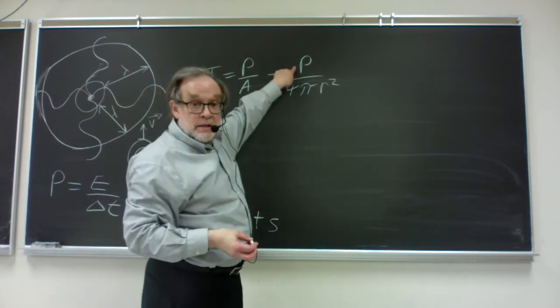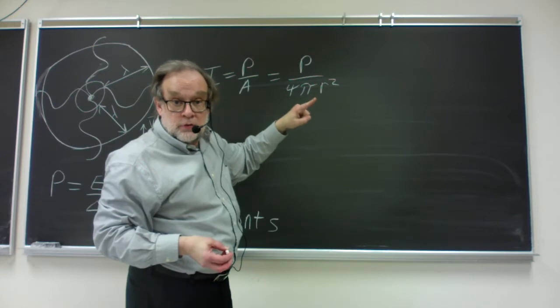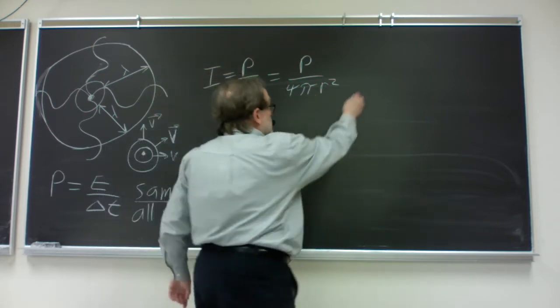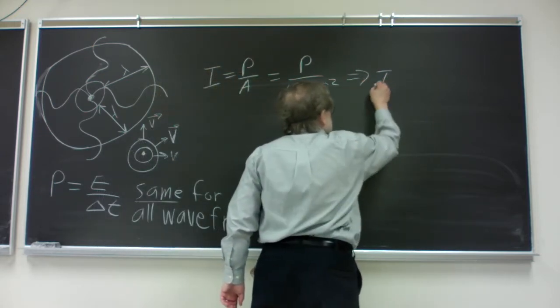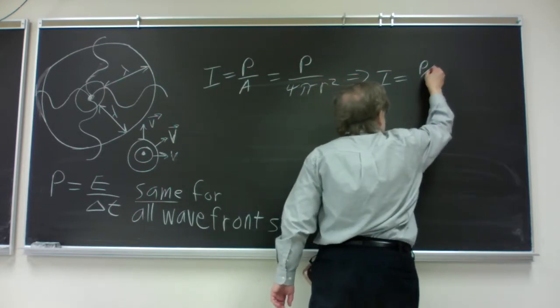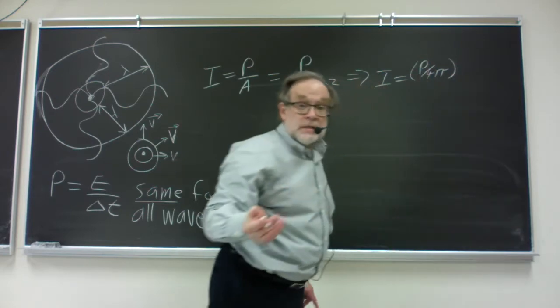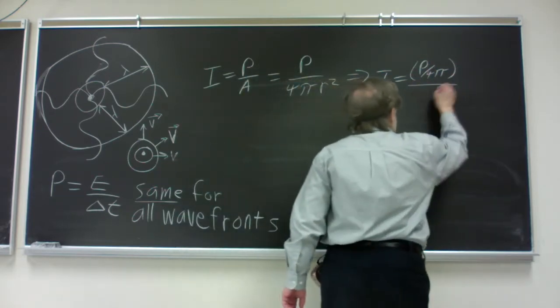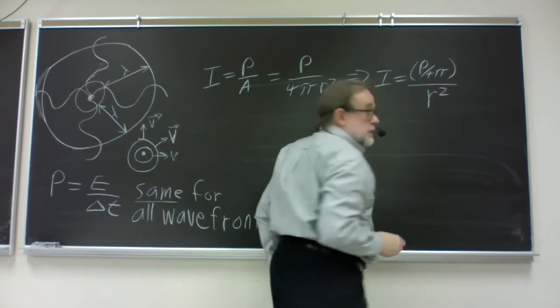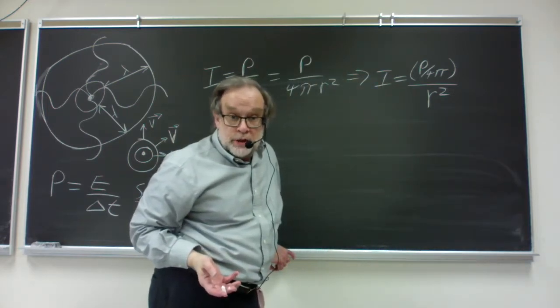Power stays constant no matter where you are. 4 pi is obviously a constant, so we have an inverse proportionality here. We have intensity equals power divided by 4 pi, in other words, constant factors, divided by radius squared. And that's the pattern for inverse proportionality.